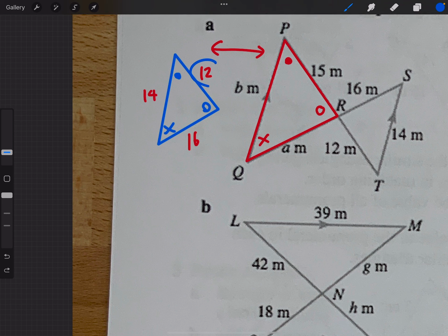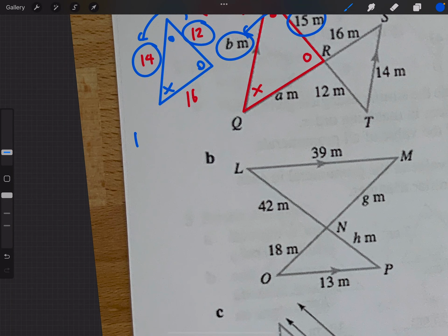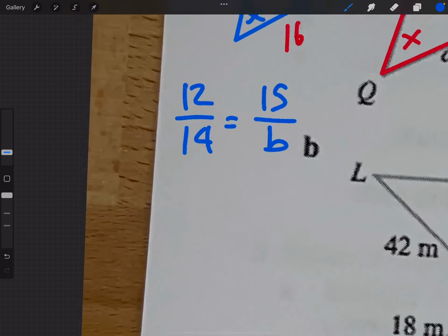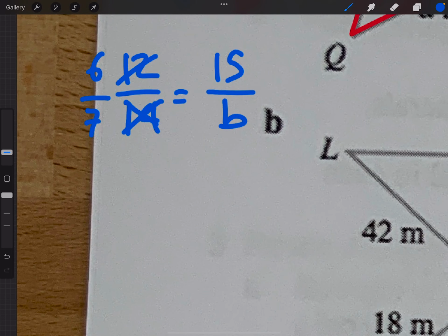For example, 12 over 14 is going to equal 15 over B. Let's simplify this 12 over 14. Divided by 2, you're going to get 6 over 7. So we've got 6 over 7 is equal to 15 over B.